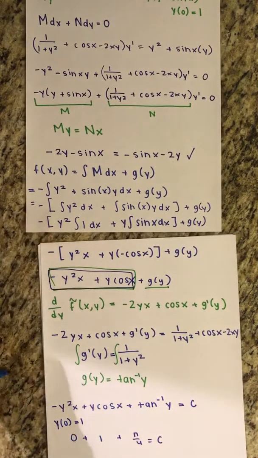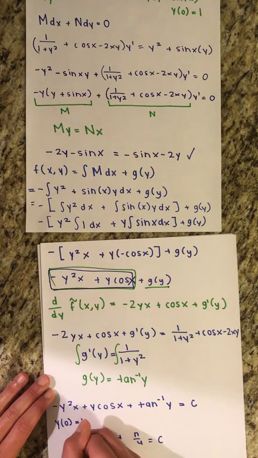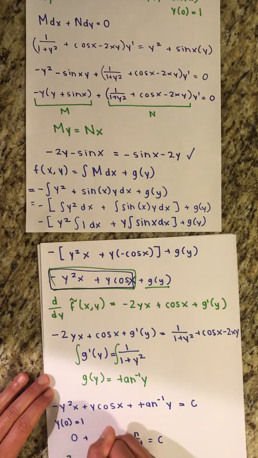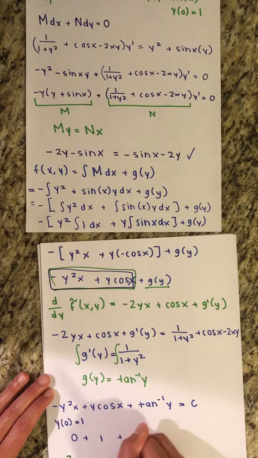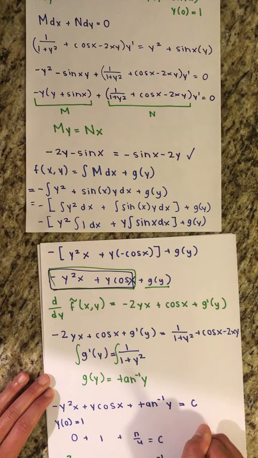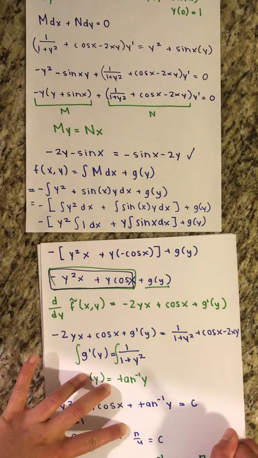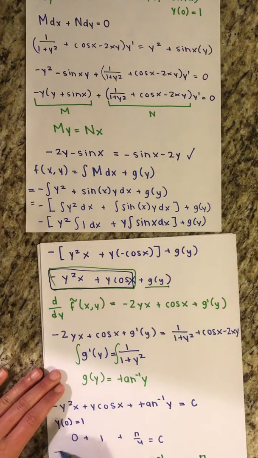So then we can fill in that c with your final answer, negative y squared x plus y cosine x plus tan inverse of y equals 1 plus pi over 4. And there is the answer.